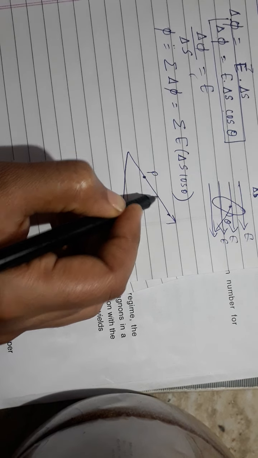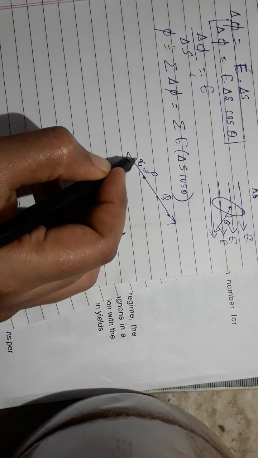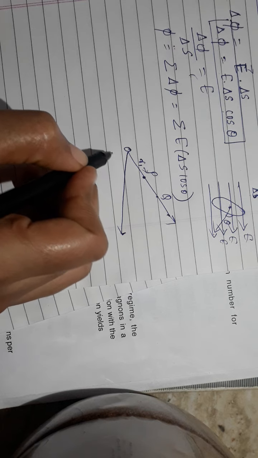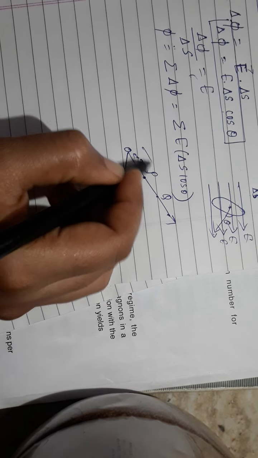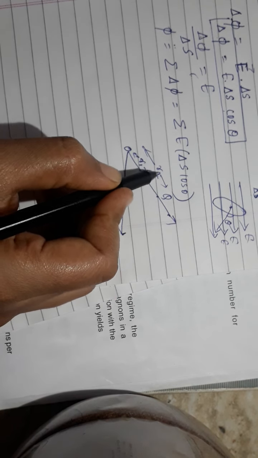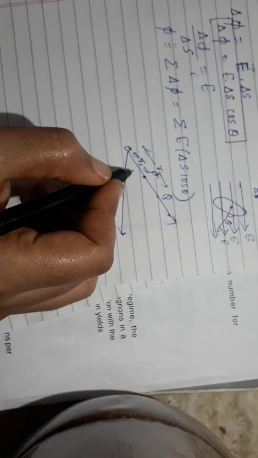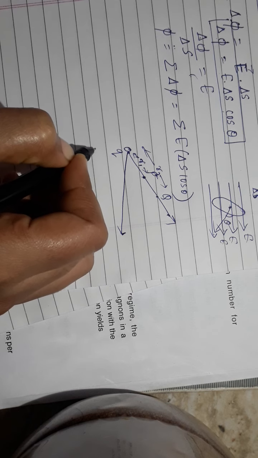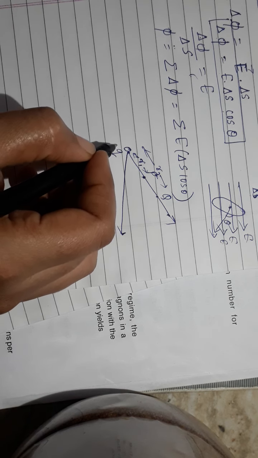This is P and this is Q. P is at a distance R1 from O, the center or the vertex. Cone means you can say vertex. This is R1 and this is R2. Q is at distance R2 from O. Here we can keep a charge Q, where plus Q charge is kept.